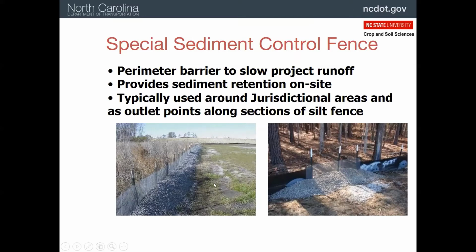We can't put in, let's say, a sediment basin here because the high groundwater would mean that would just end up being a pool. So instead, there's a special sediment fence that's been put in. These are very effective. They're expensive, obviously, compared to a silt fence, but where we need to really control the sediment and we don't have any other options, this is one way to do it.